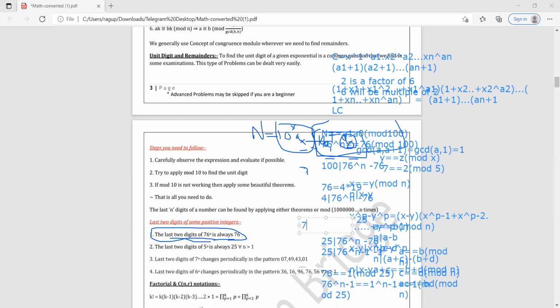If you'll notice this, you will feel a very different way, and it is not very intuitive in the starting. So you will check the powers of 7. So let's check. First is 07, last digits is 07.